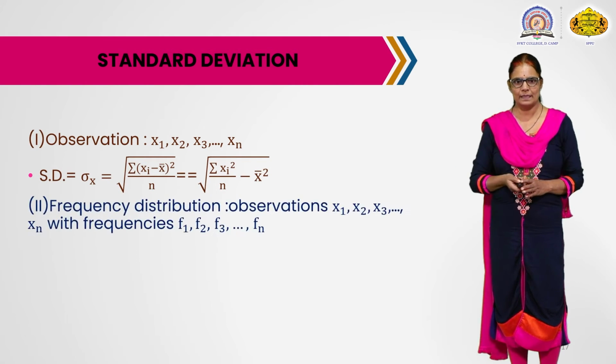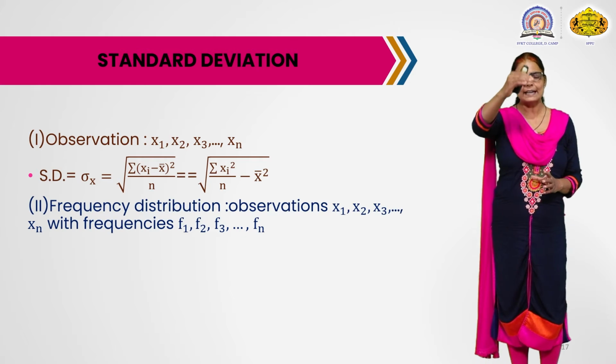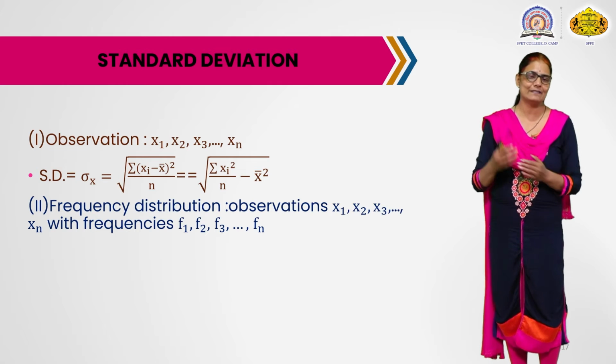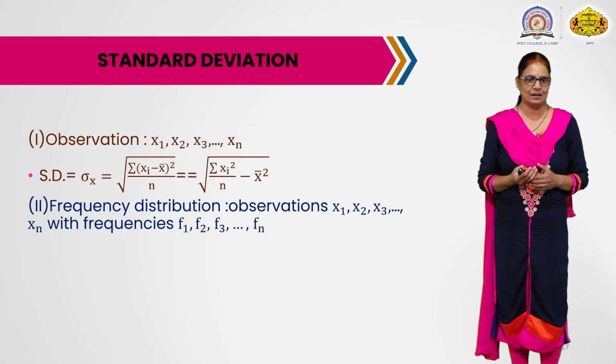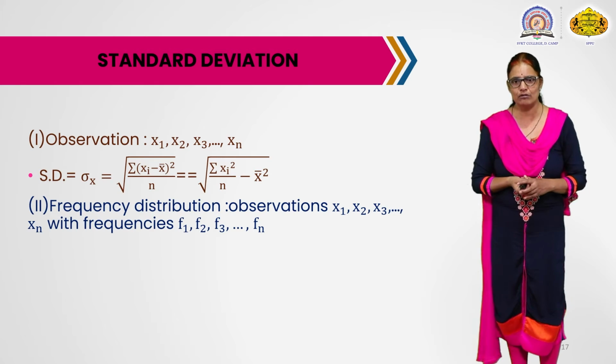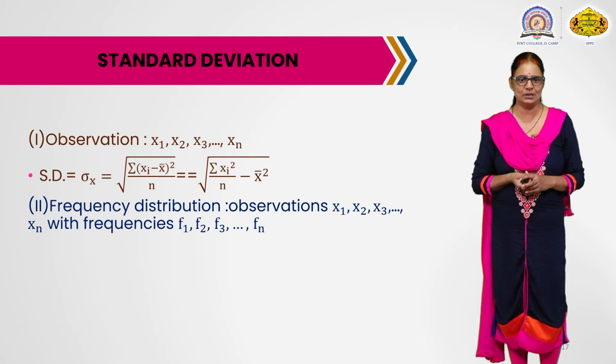Okay, so now we have to write all these formulas for the simple series. What happens if we are given a frequency distribution? We know that there are two types, either grouped or ungrouped, but remember one formula for the ungrouped frequency distribution.